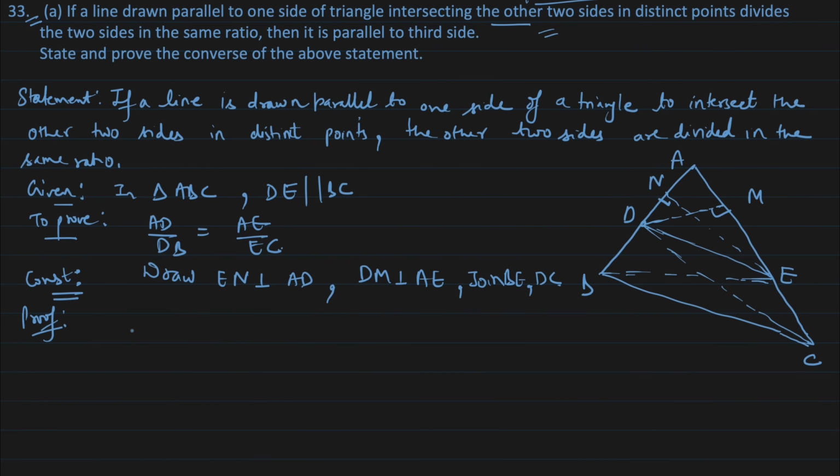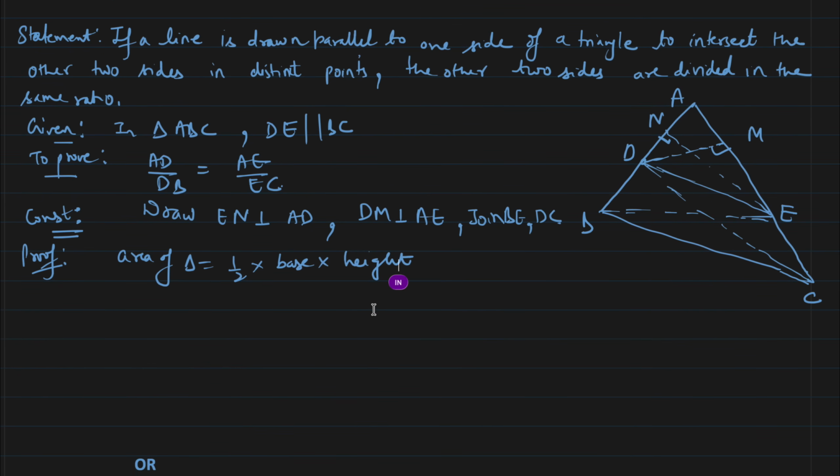We are using the area of triangle formula. We know area of triangle is given by half into base into height, right? So this is what we are going to use in this, students. So let's begin the proof. Okay, so what is area of triangle ADE?